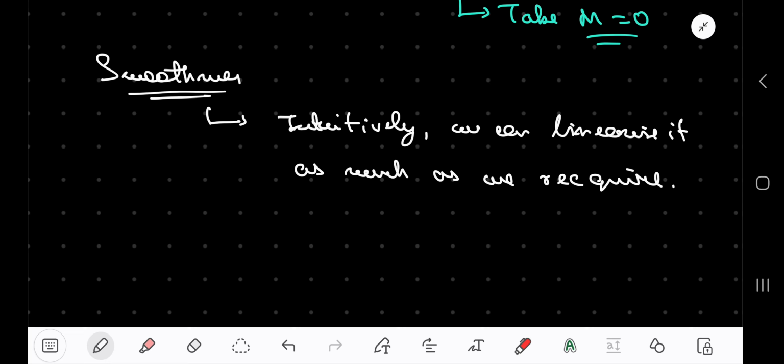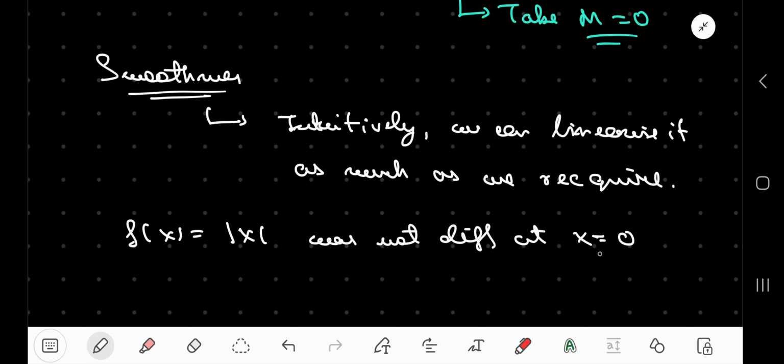For example, the function f of x equals mod x was not differentiable at x equal to 0. We can rigorously prove that, but seeing the graph, we guess that due to the sharp irregularity at that point, differentiability does not hold.